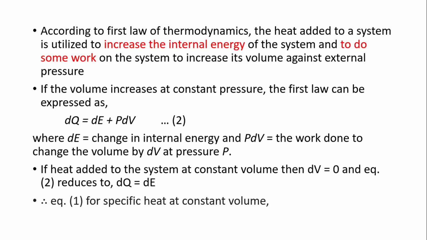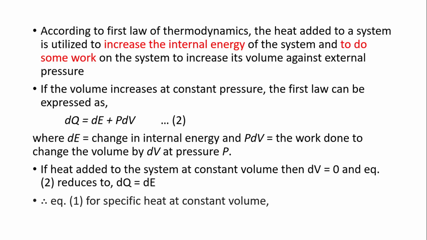Now let us recall the first law of thermodynamics. According to the first law of thermodynamics, the heat added to the system is utilized by the system in two different ways. It is utilized to increase the internal energy of the system, and second, to do some work against the external pressure.